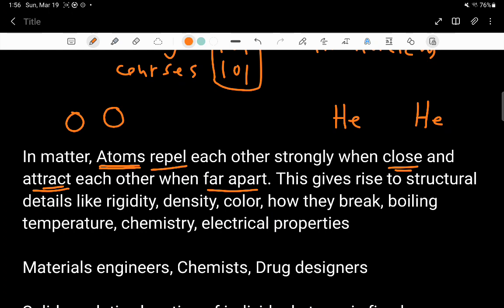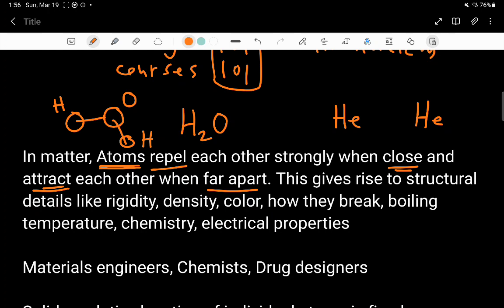But for example, if you had the situation of an H, another H, and an oxygen, the way that these connect up is to make a little molecule known as a water molecule, and each of the hydrogen atoms and the oxygen atom likes to stand at a certain distance.